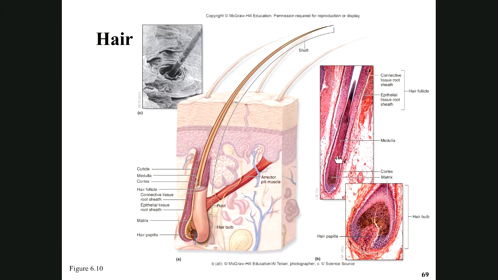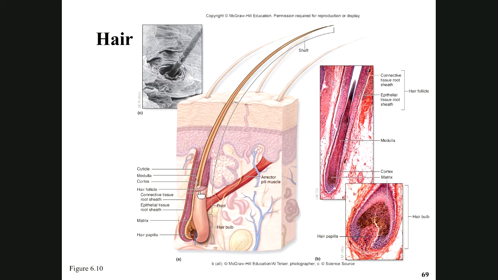The other part of the hair is called the hair follicle. Here you can see the structure of the hair follicle. The hair follicle is the oblique tube which is located around and circles the hair root. It extends into the dermis and sometimes the subcutaneous layer.